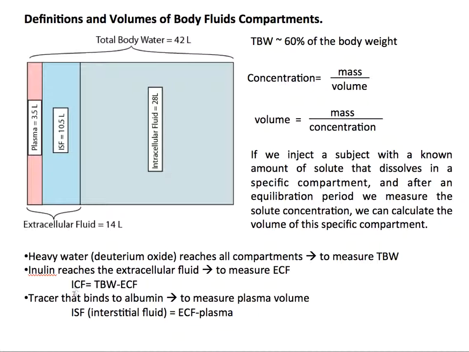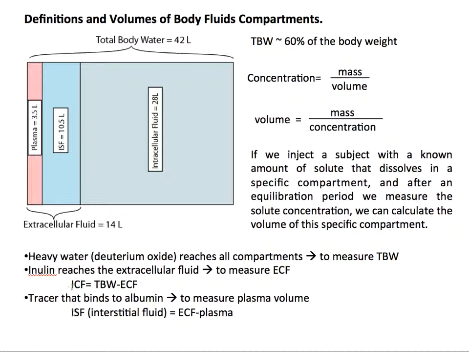You can also measure your ISF by measuring ECF and then plasma, and you subtract plasma from ECF, then you get ISF. Now you might be wondering, why do we have to subtract these two values in order to get ICF and ISF?